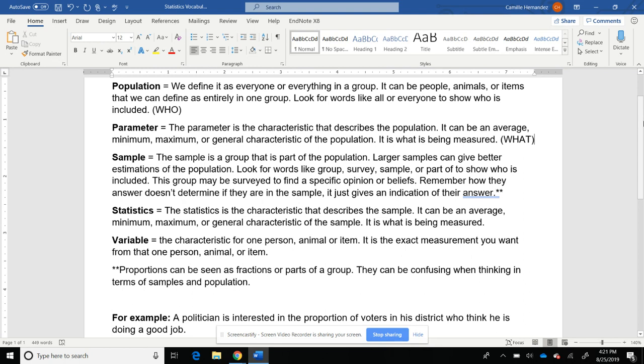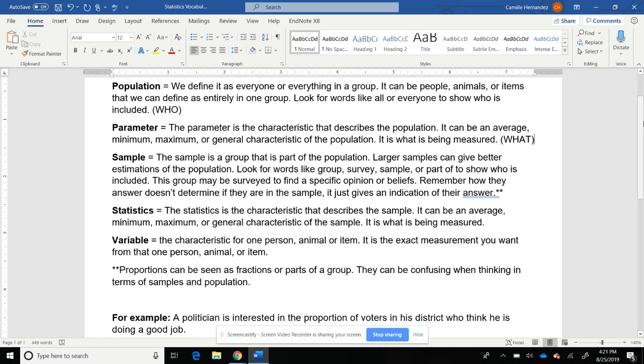But remember, if I wanted to know who likes Pepsi or Coke in the state of Georgia, do people prefer Pepsi or Coke? Well, my population is the state of Georgia. The parameter is their opinion if they like Coke or Pepsi. And then the sample is if I take a part of that group, part of Georgia, say I want to look at Atlanta, Macon, and Albany.